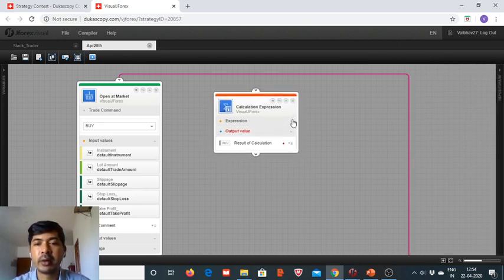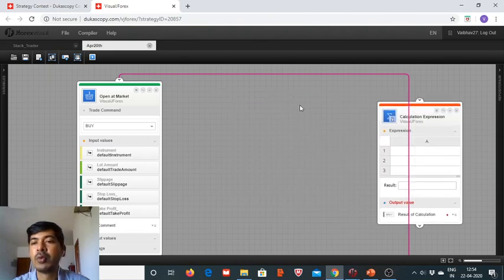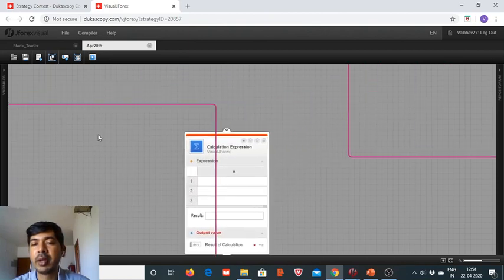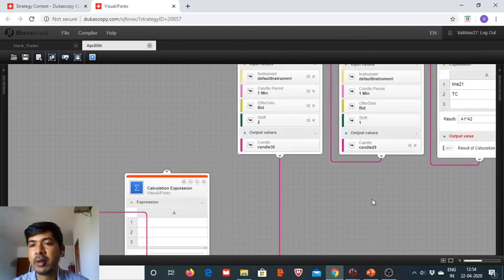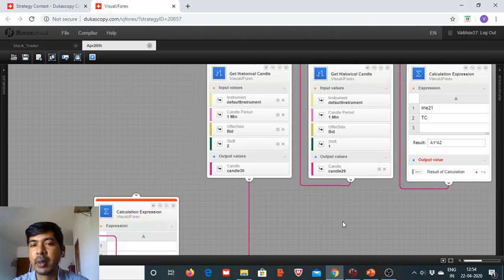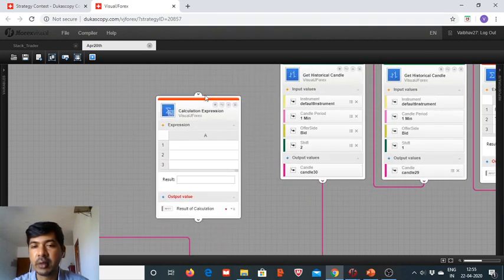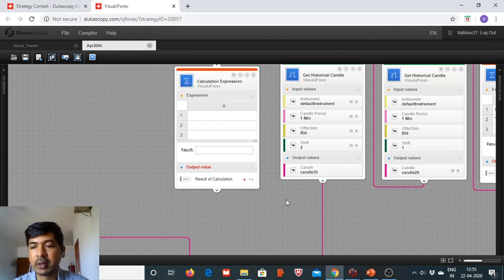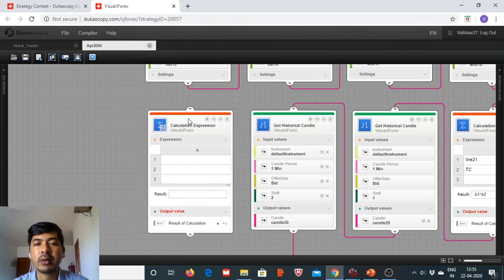And this will be utilized to mark the entry point for the buy and the sell side. Then we need to do the type conversion as well. So let us define the buy and the sell side entry points.